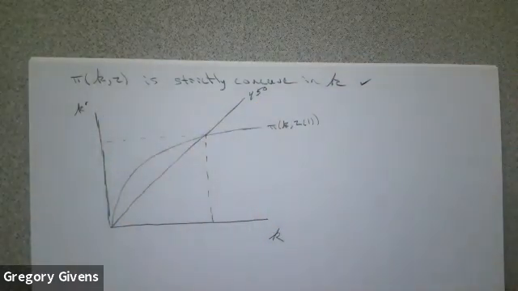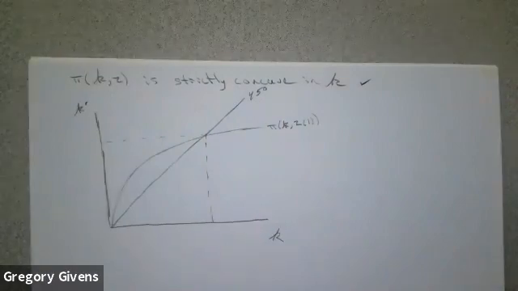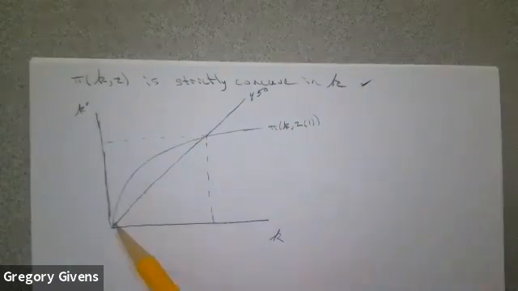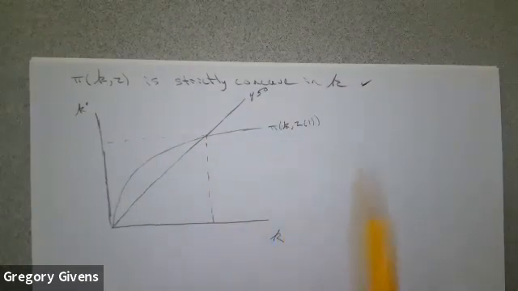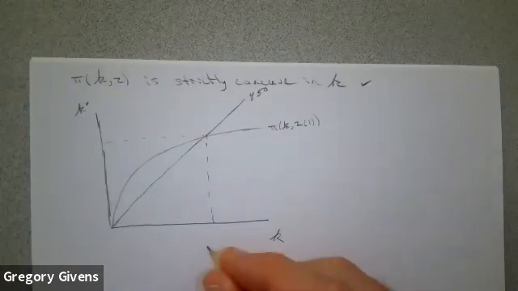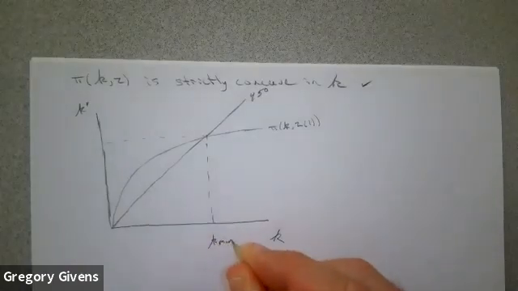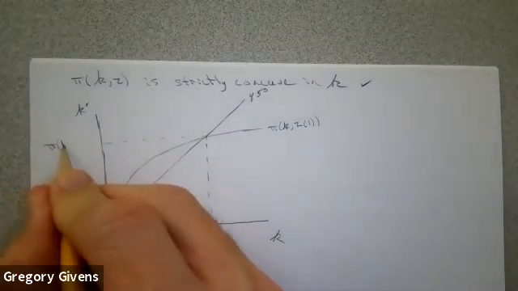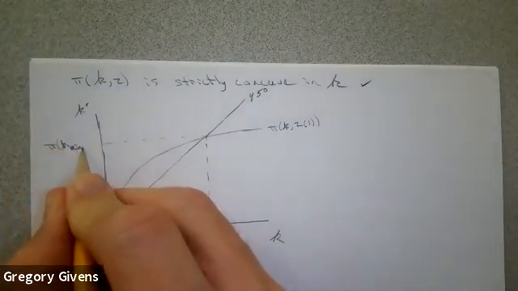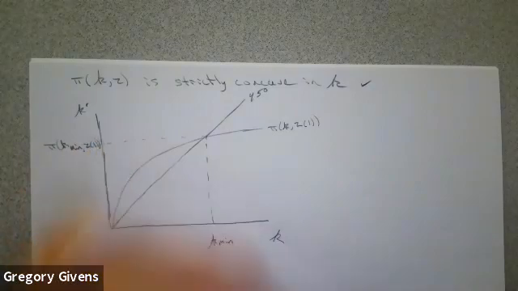Because we know in the deterministic model that the capital stock converges monotonically to the steady state regardless of the initial point. So that means the policy function must slice through the 45-degree line at a slope of less than 1. So this would be K min, and this would be pi of K min Z1.